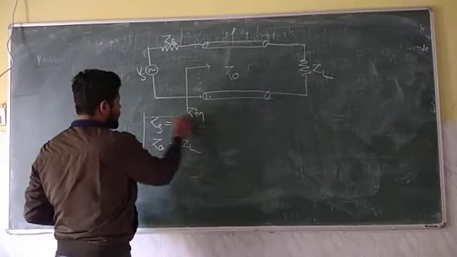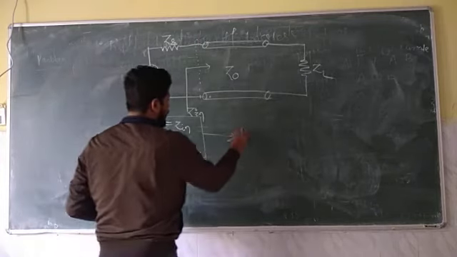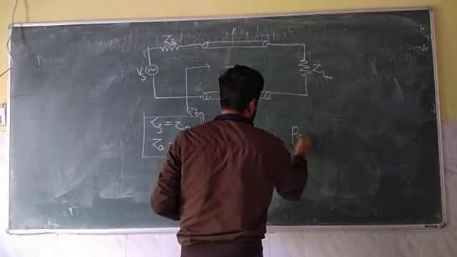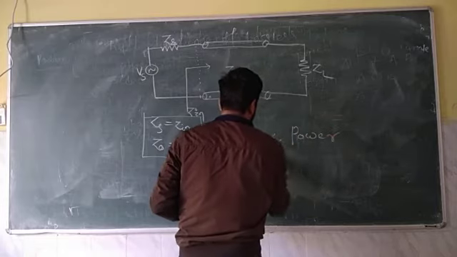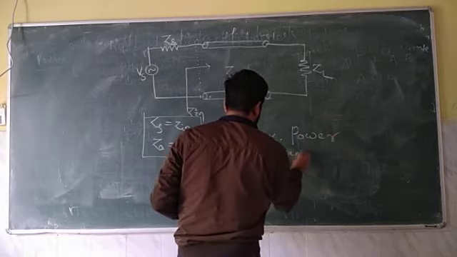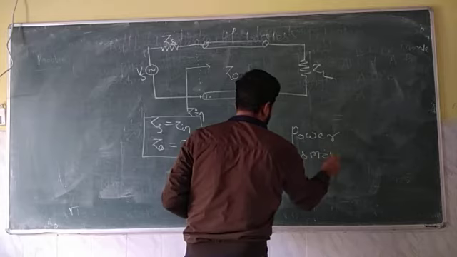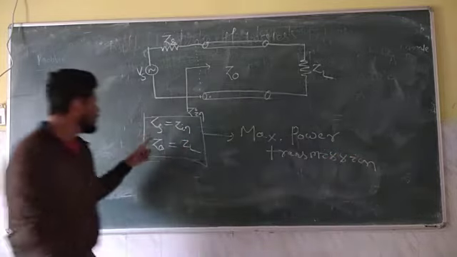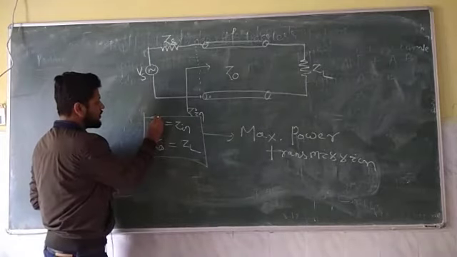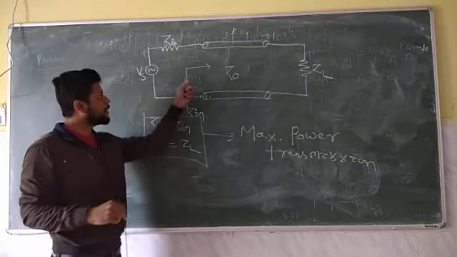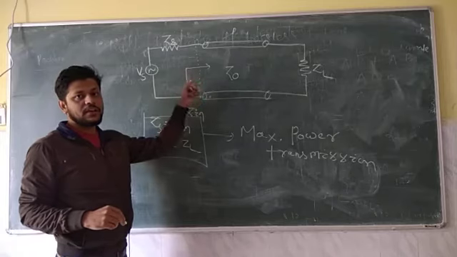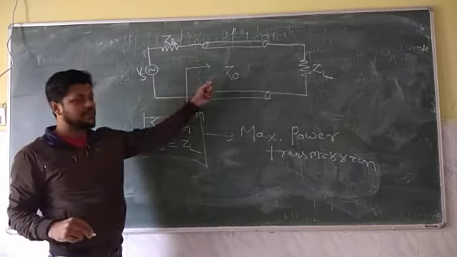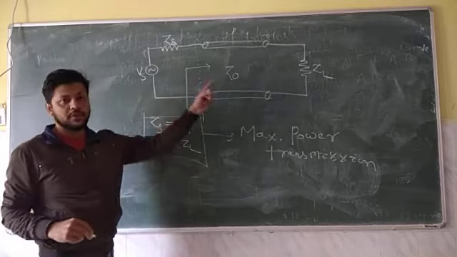So kindly remember these two conditions for maximum power transmission: source impedance Zs must be equal to the input impedance Zin of the transmission line, and Z0, the characteristic impedance, must be equal to ZL, the load impedance.